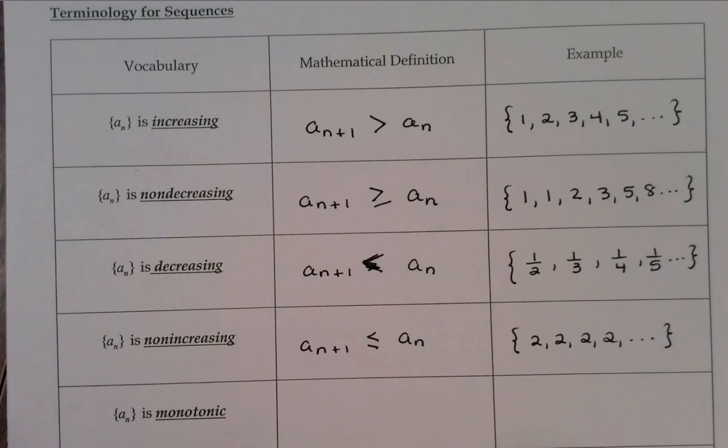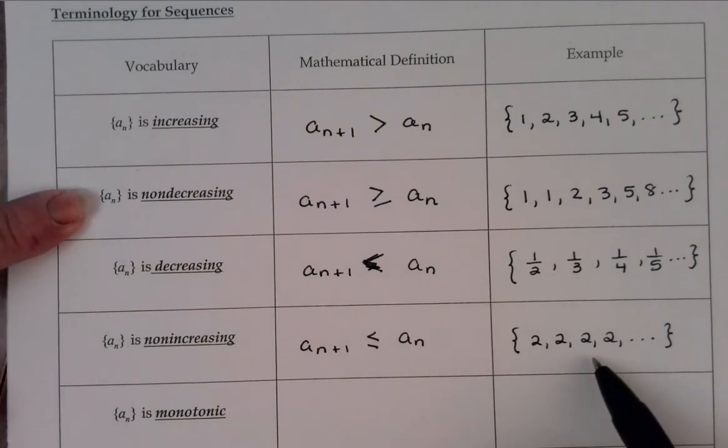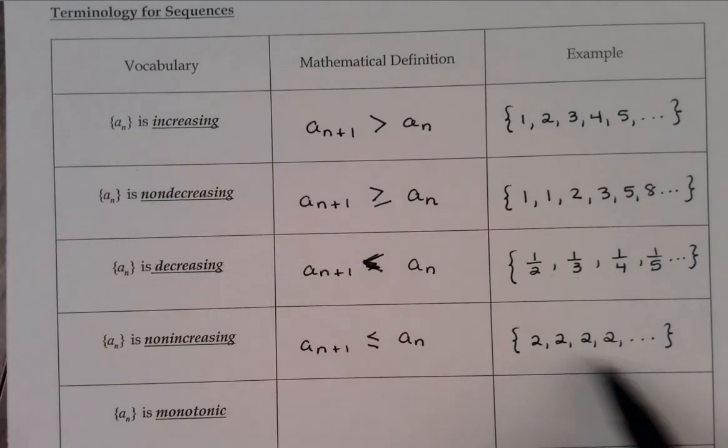Every single term is 2. But notice that it does fit the definition of non-increasing. Every term is less than or equal to, especially equal to, the previous term. In fact, this is also non-decreasing because every term is greater than or equal to the previous term. So this one happens to be both.